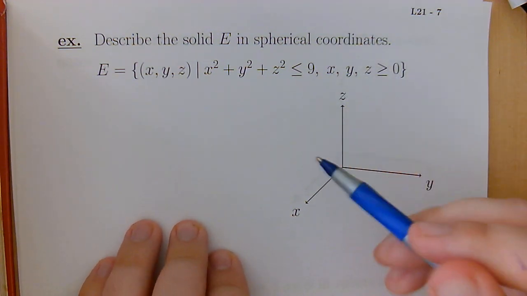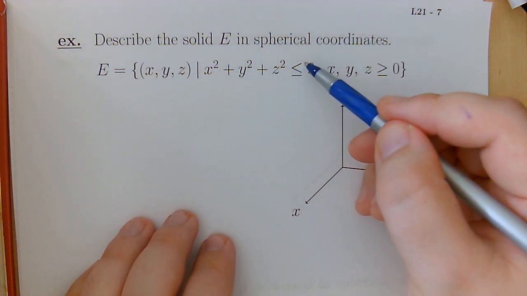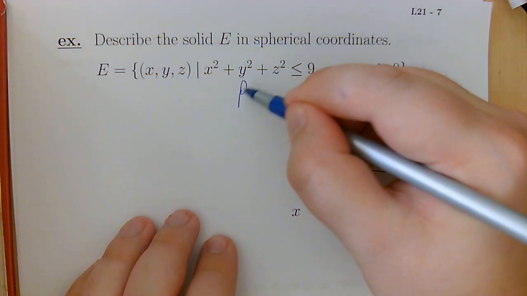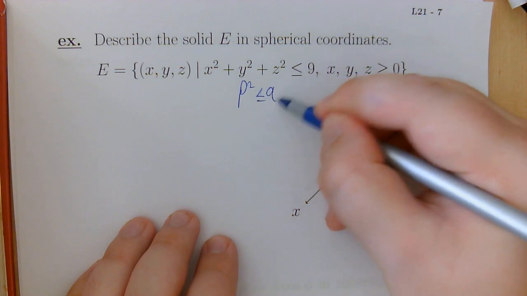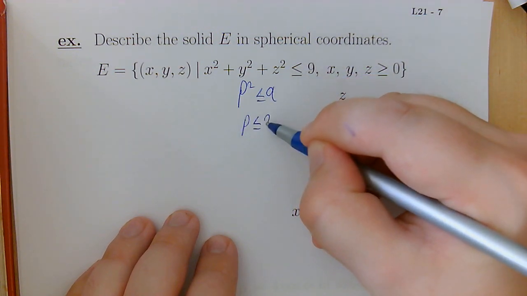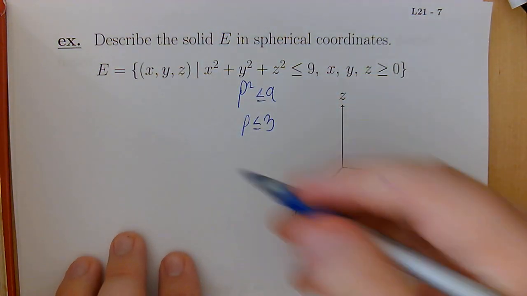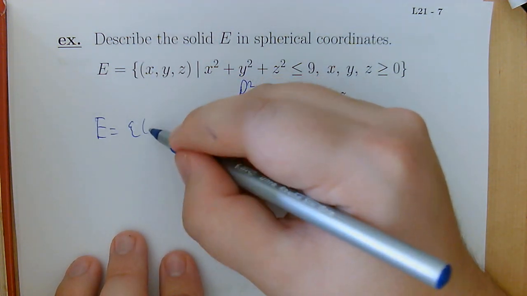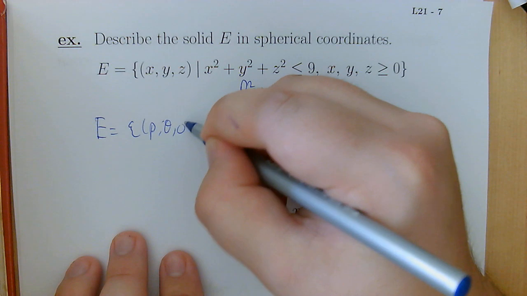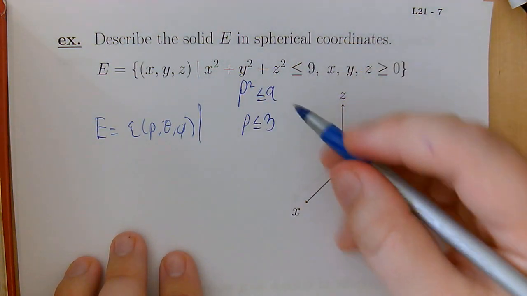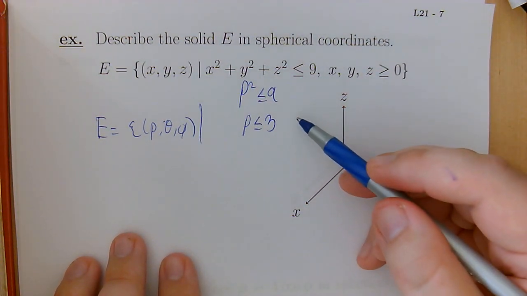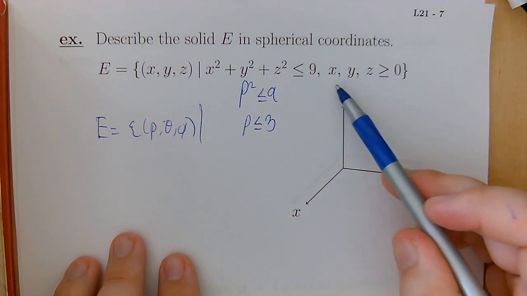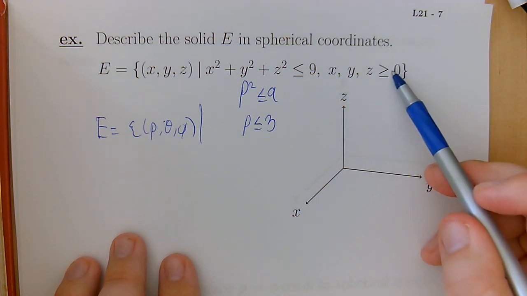This says that rho squared is less than or equal to 9, so rho is less than or equal to 3. So when we make our new set in rho, theta, and phi, we have rho less than or equal to 3. Now, how do we get these other conditions in here?